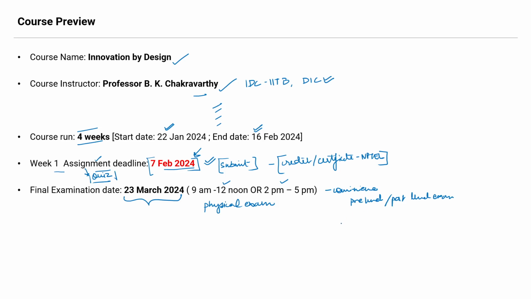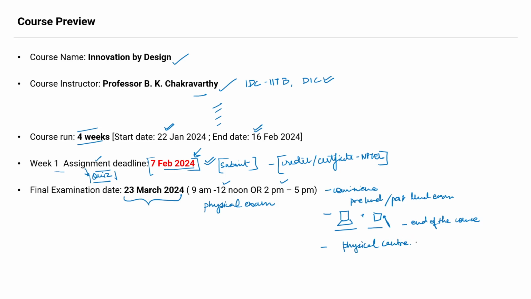There are 2 formats of examination: one is digital on a screen and the other is paper and pen, right? We'll get that clarity by the end of the 4 weeks, whether it will be computer based or pen and paper based. But for this examination, you'll have to go to a physical center. It's not something you can attempt from your home.